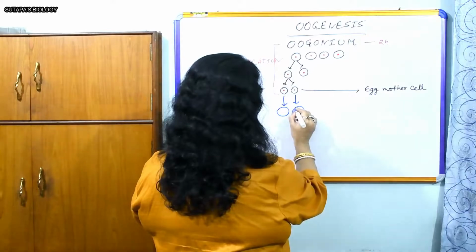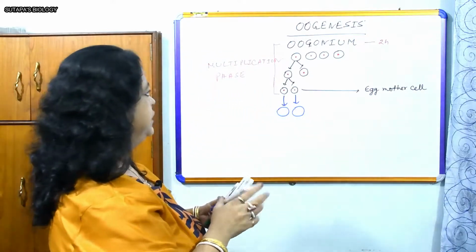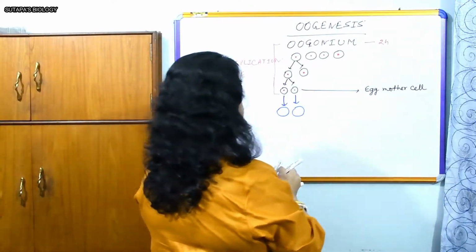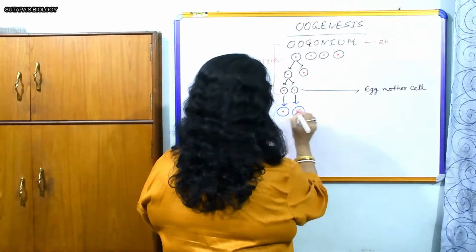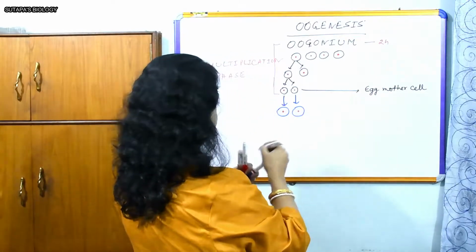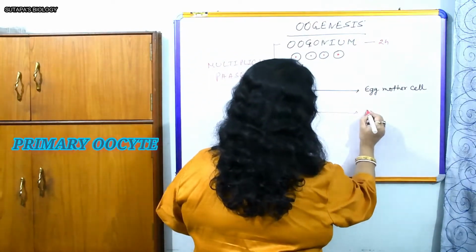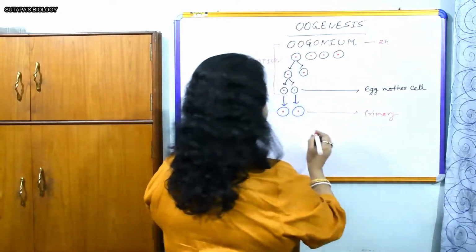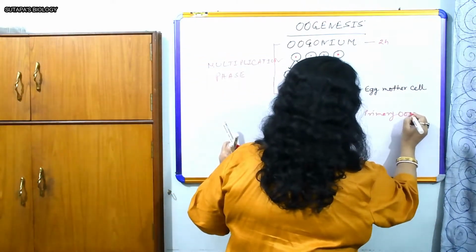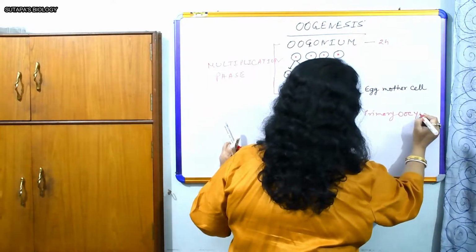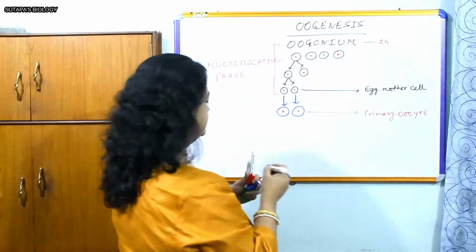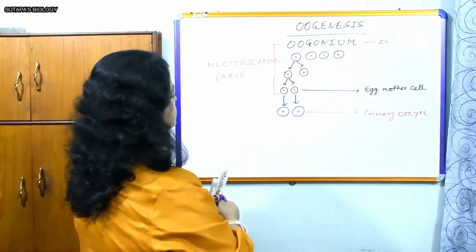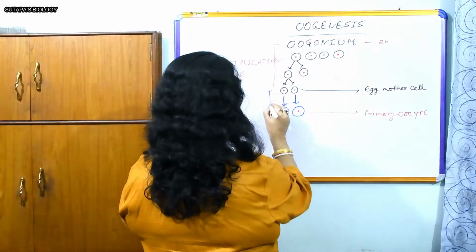These are larger in size than the spermatogonium, and they have the chromosome complement also twin, and these are primary oocytes, like the primary spermatocyte in spermatogenesis. This subphase is known as the growth phase.